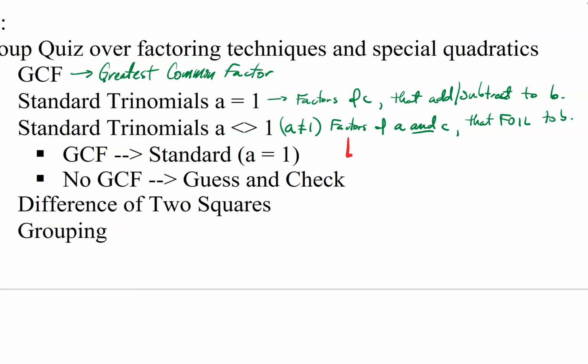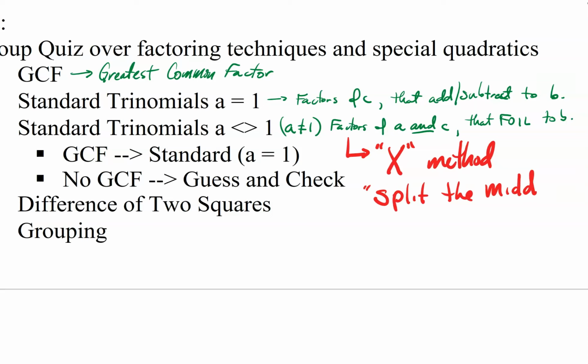Now, I didn't teach this in class, but there are other techniques to help with this. If you search online for the X method, or if you use something called split the middle, there are plenty of videos online that help explain these techniques. These are alternatives to the guess and check that I've been teaching in class.